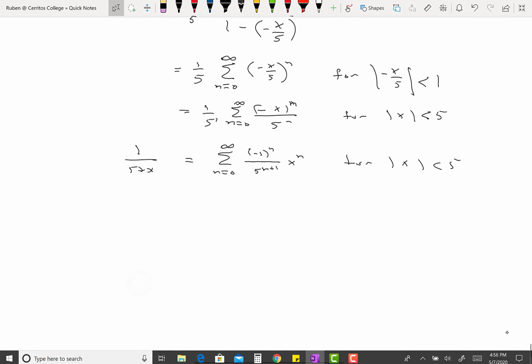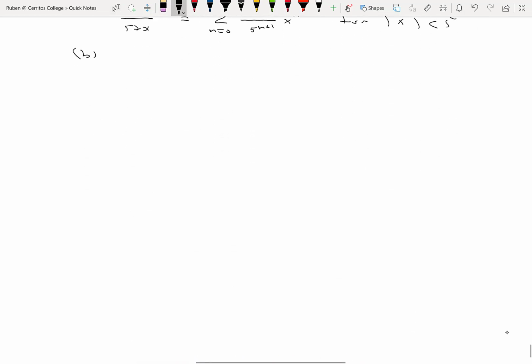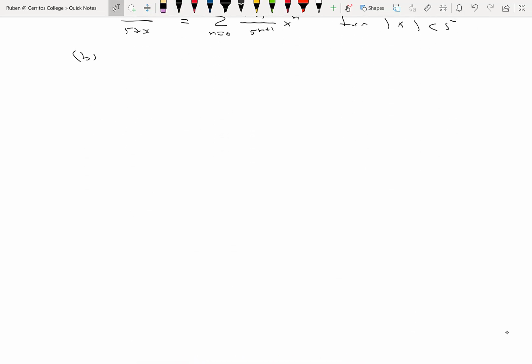Let's try another one. Part B. I want a power series representation for another function, 1 over 1 plus x squared. We have one power series that we want to recycle over and over again.